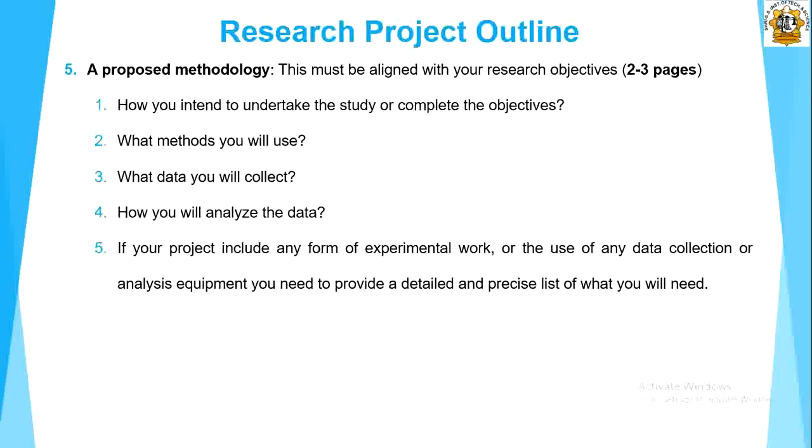If your project includes any form of experimental work or any type of instruments or equipment, you must include that in your methodology also. So a precise list must be there. You will know the requirements for your project, and you have to purchase all the things, or arrange the things accordingly.